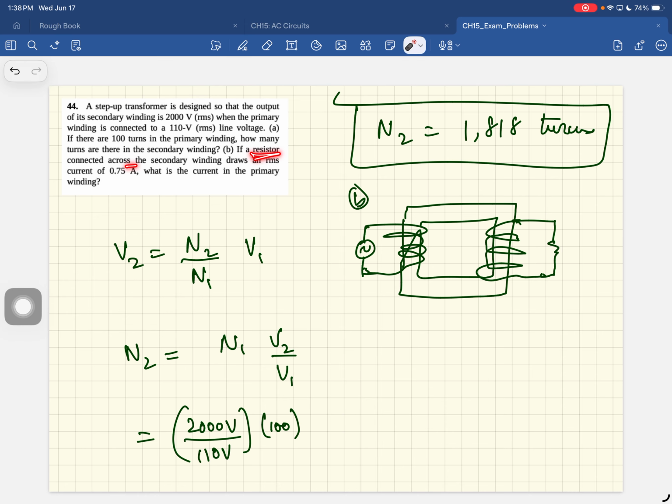So 0.45 amps. Again, current went up from this to that, and voltage went down from this to that.